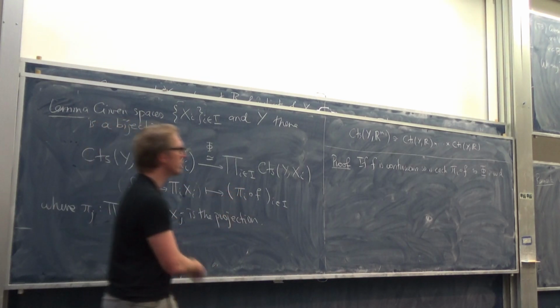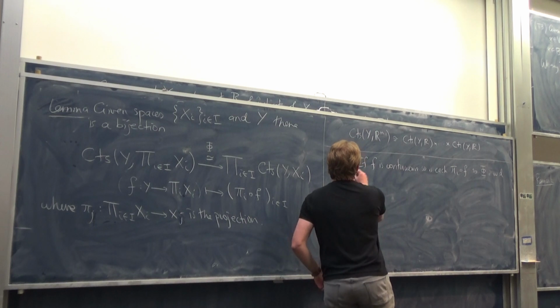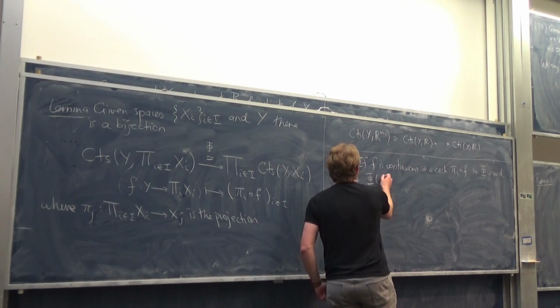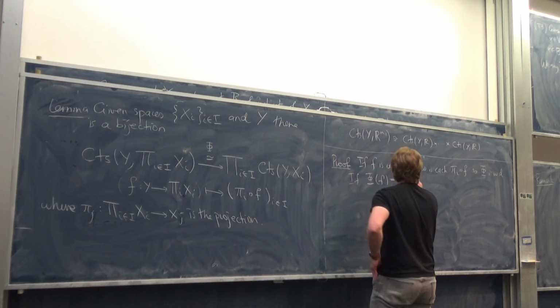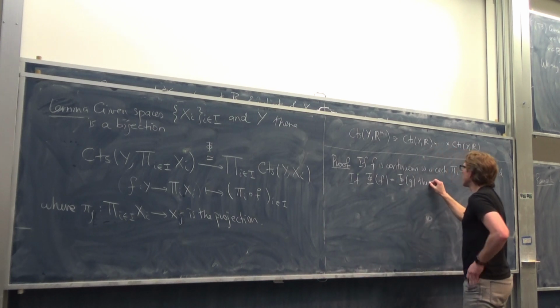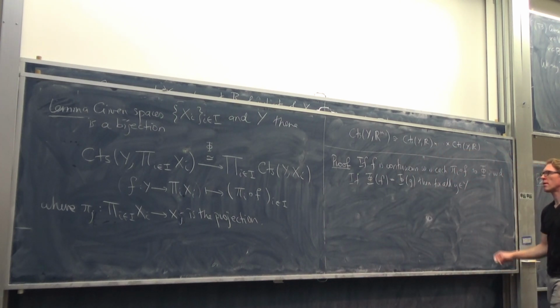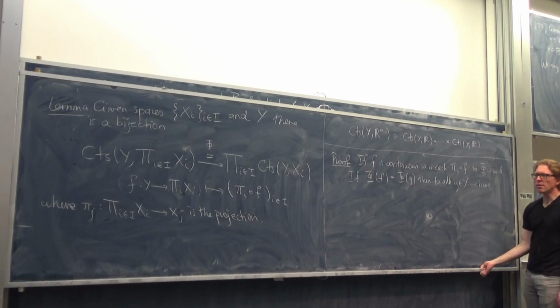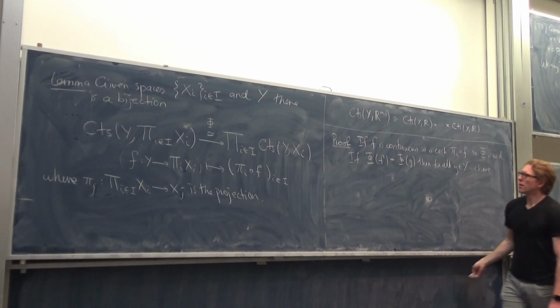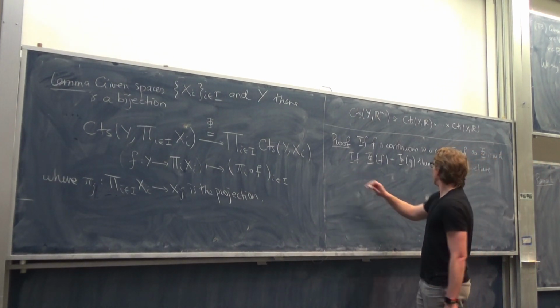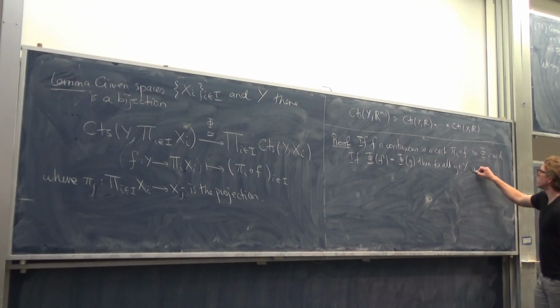So they must be the same functions. So, if phi f equals phi g, then for all y and i, we have pi_i f(y) = pi_i g(y).